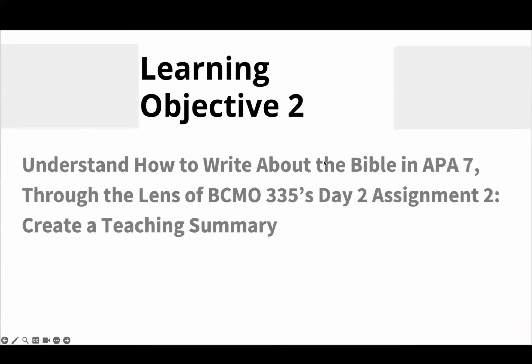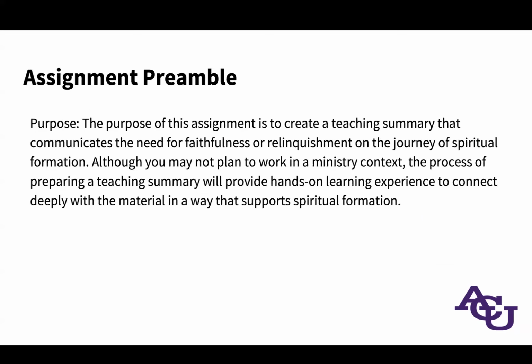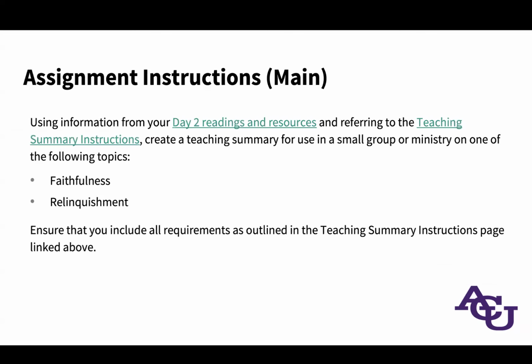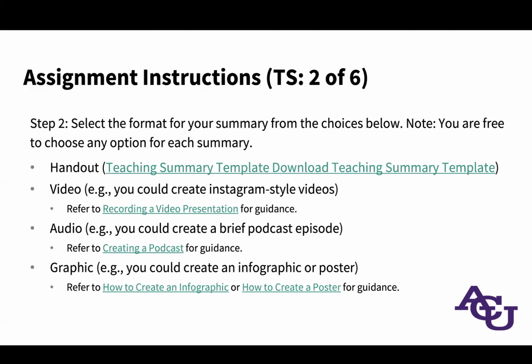Now, if we're to go talk through this assignment, let's just look through what that's referring to. So we have this assignment from the Spiritual Formation 1 course, and you see that we start with the preamble, discussion about certain topics to discuss, and a specific outline of things that should be in here.